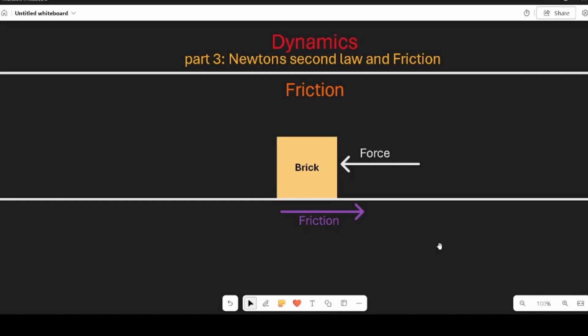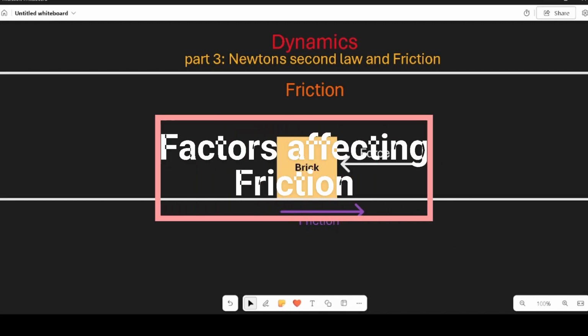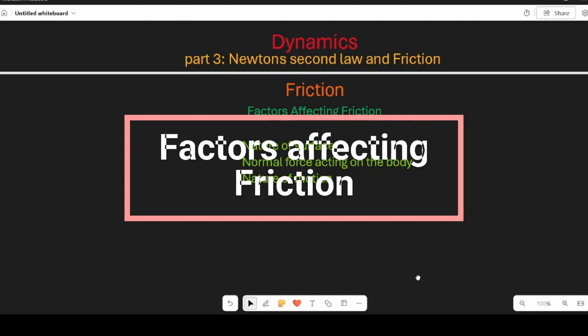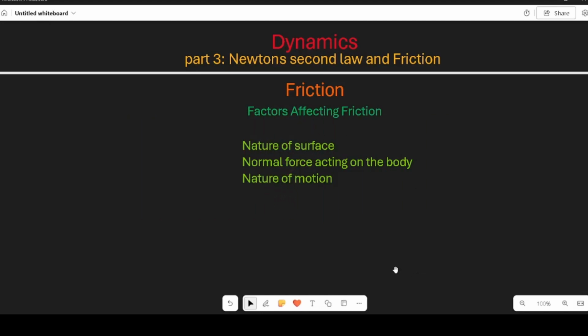Now next we'll discuss factors affecting friction. There are three main factors affecting the friction. One is nature of surface, the other one is normal force acting on the body, and nature of motion. A rough surface offers a greater friction than the smooth surface. That is an example for nature of surfaces and contact.